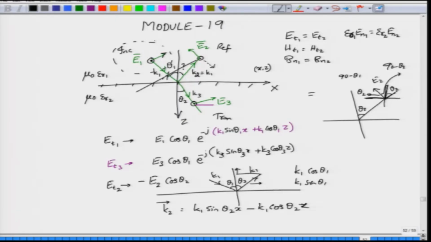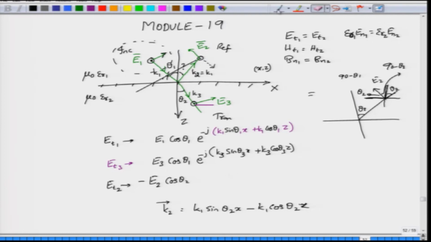So, this would be minus E2 cos theta 2 multiplied by this phase factor, given by minus j K2, where K2 cos will be along z and K2 sin will be along x. We have already written that one: minus K2 sin theta 2 x minus K2 cos theta 2 z. So, we have the three individual components.